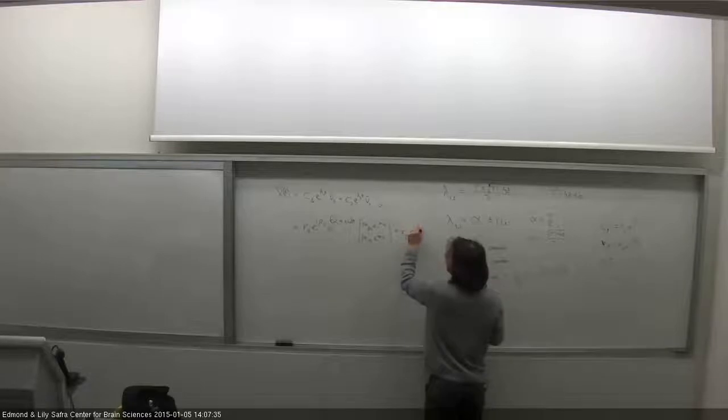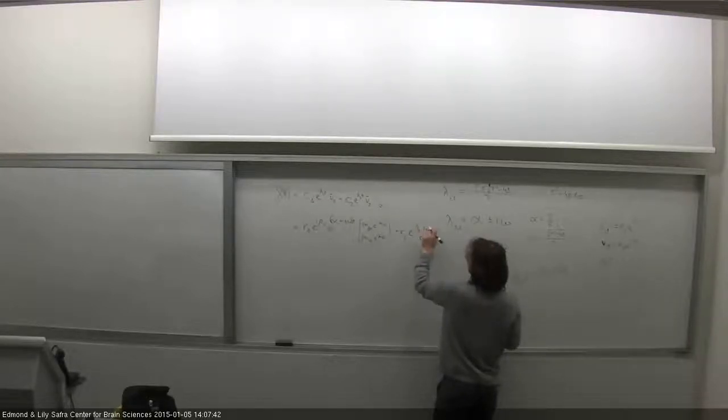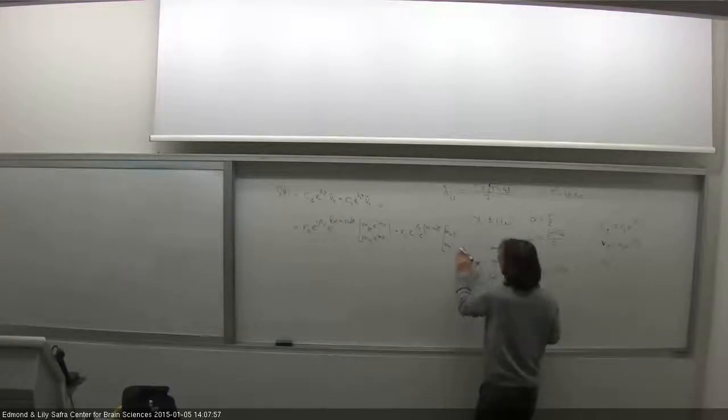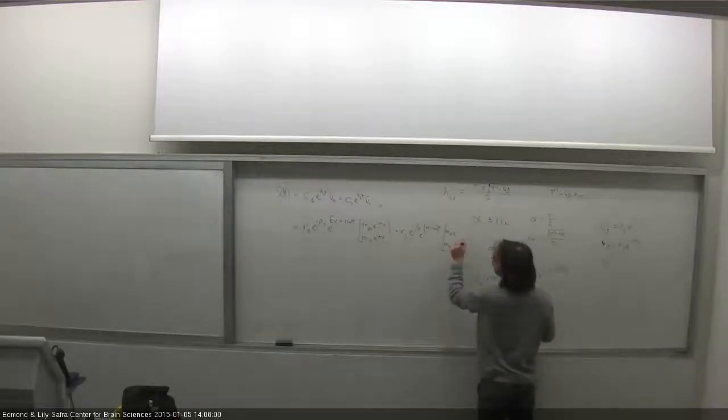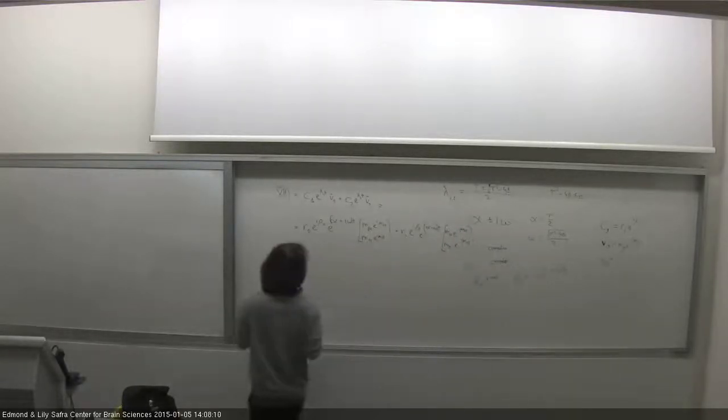Plus the second term, with minus omega t here, and then m2x, m2y, and this will be my general solution.